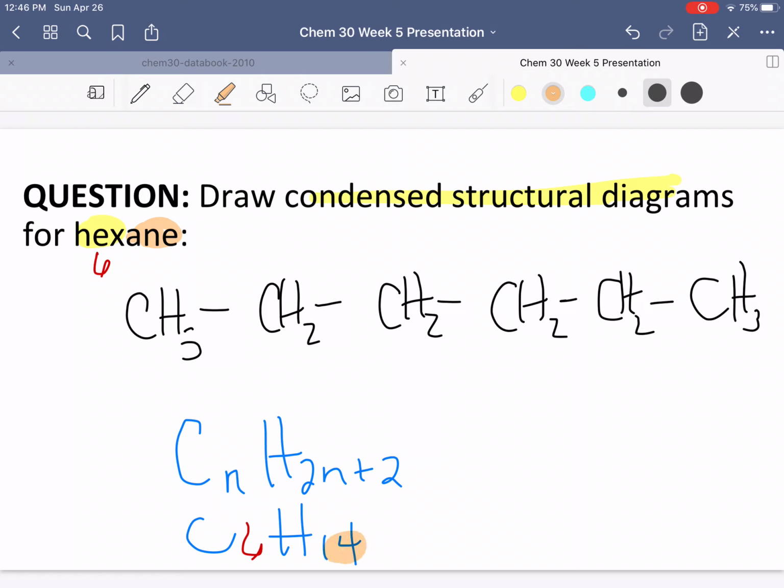Do a double check. 1, 2, 3, 4, 5, 6, 7, 8, 9, 10, 11, 12, 13, 14. You did it properly. It is always worth, with these drawings, guys, to really make sure you have everything on there that you're supposed to. It's very easy to make mistakes, forget a hydrogen, forget a carbon, etc. Double check, take the time, attention to detail.